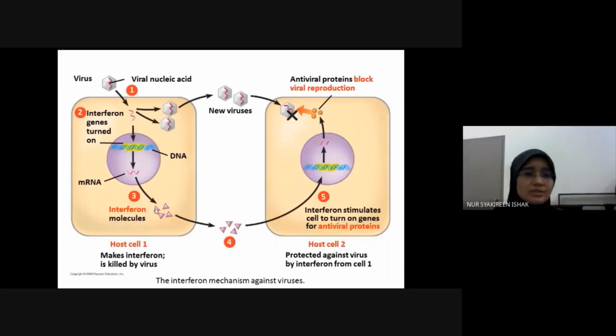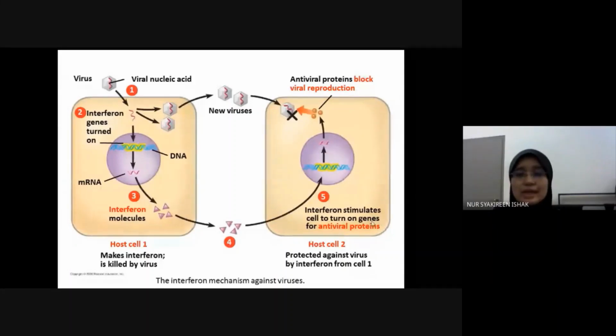Usually the infected body cell will be destroyed. Okay, and then this interferon will find healthy cells, and then the healthy cells will be activated. The gene will be activated and then undergo transcription and translation. Transcription produces mRNA, the mRNA produces antiviral protein.